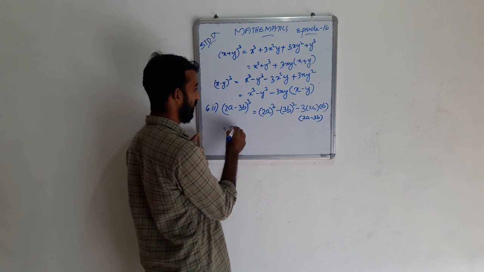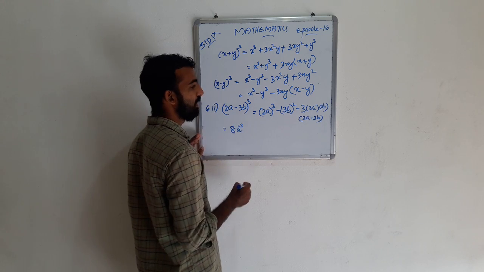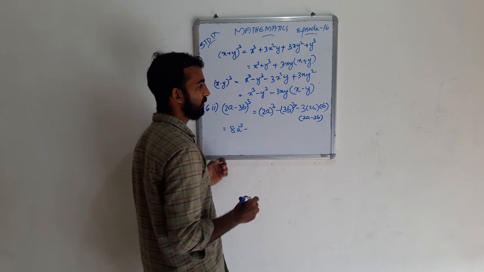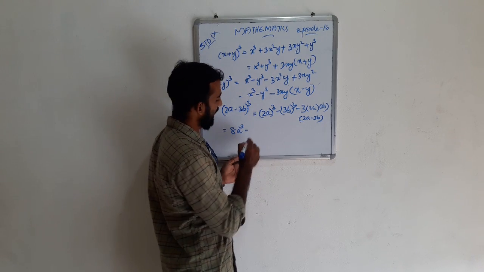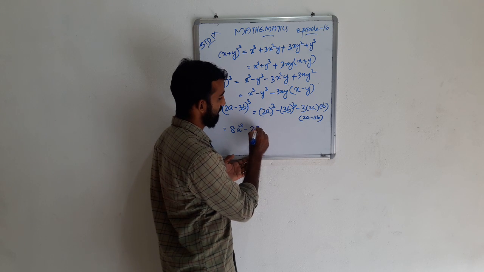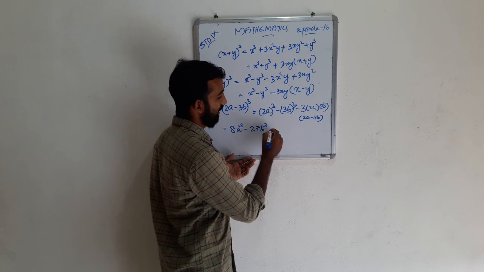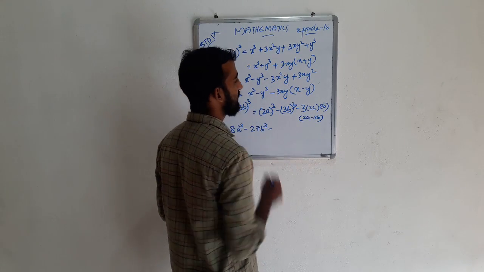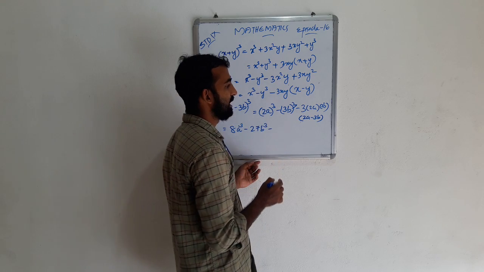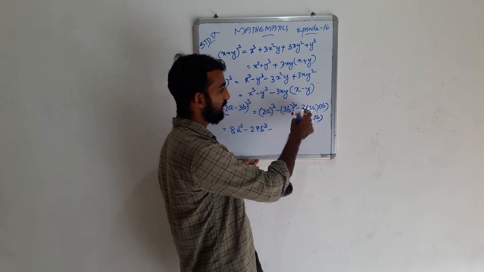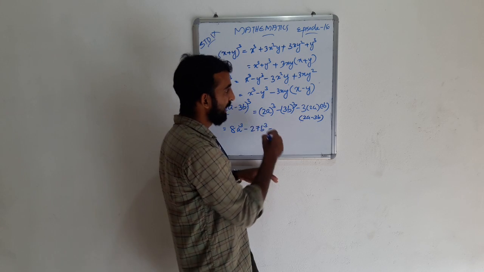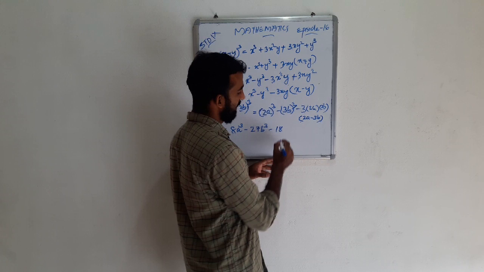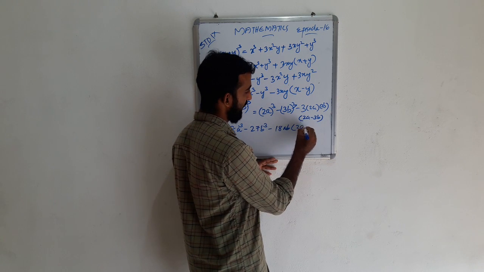Here we get 8a cube minus, sorry, 3b cube, 3 into 3 into 3, that is 27b cube, minus 3 into 2a into 3b, that is 18ab, into (2a - 3b).